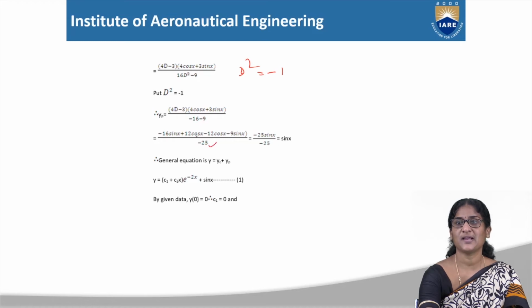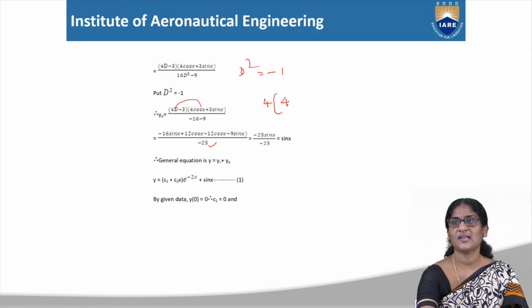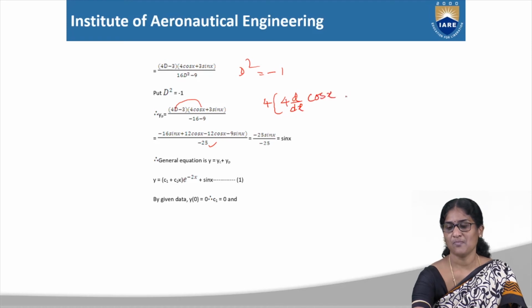So this is completed. Now what about the numerator? Now multiply each and every term. D is nothing but d by dx. You can write this as 4 into d by dx of cos x minus 3 cos x.